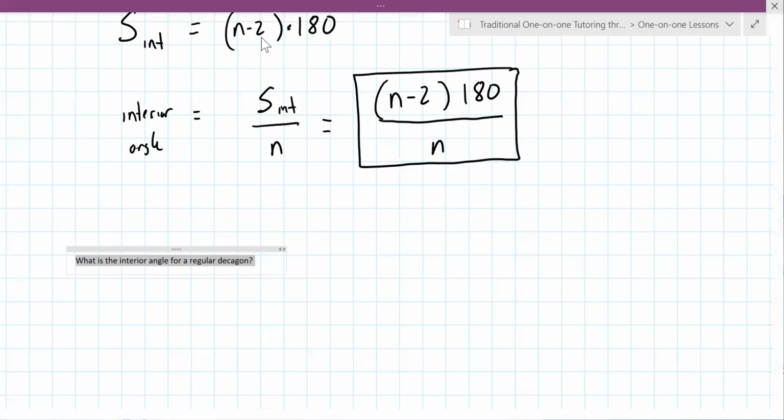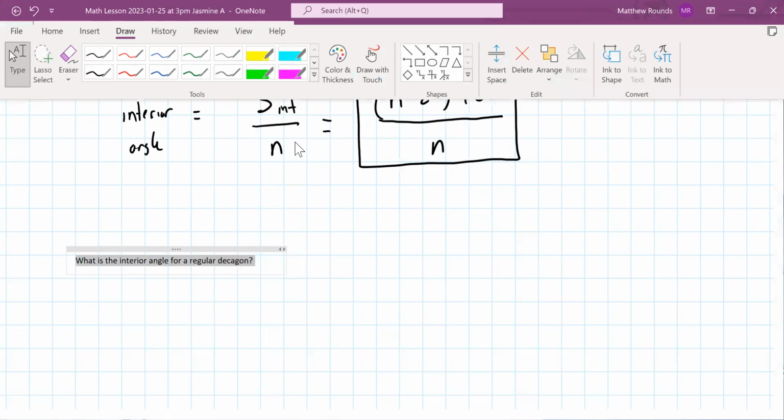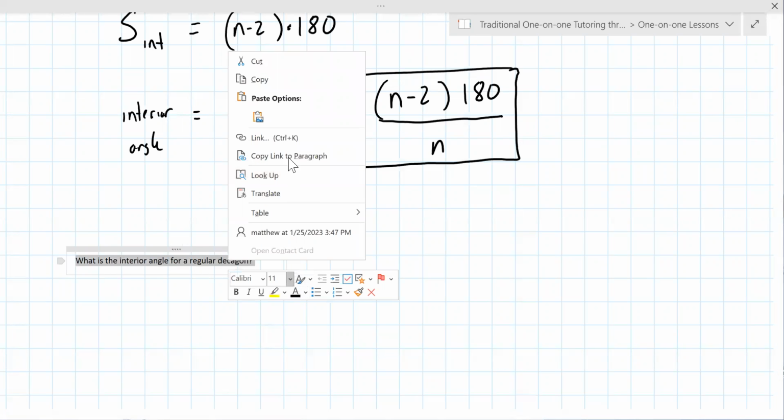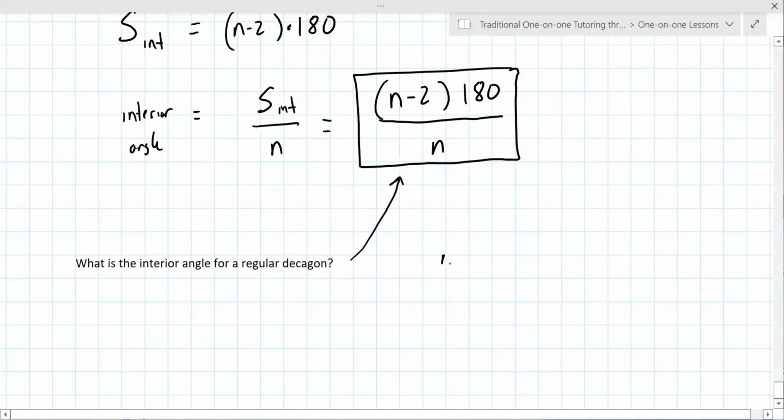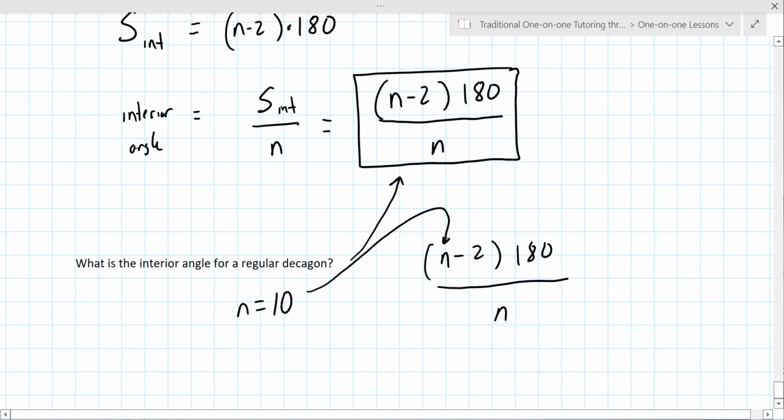This problem implies that you first find the sum and then divide by the number of sides. Or you can just use this formula here. If n is 10, you put 10 into this formula.